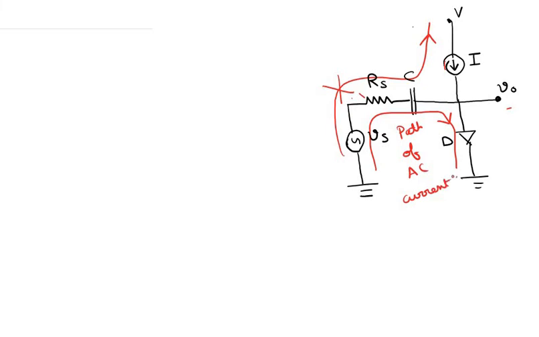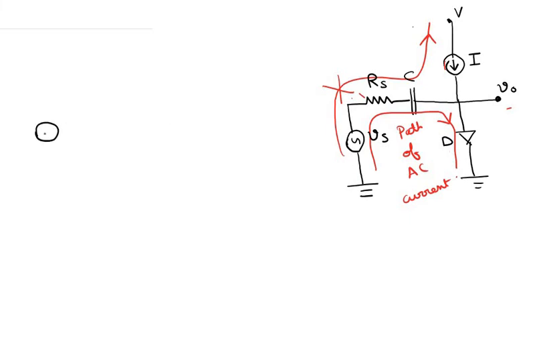Now we know that in small signal, or for the AC current, this diode is equivalent to a resistor. This we have discussed earlier. This capacitor you have been told to assume to be short circuited at the frequency of Vs. So when we draw the equivalent circuit, it gives us a circuit like this.